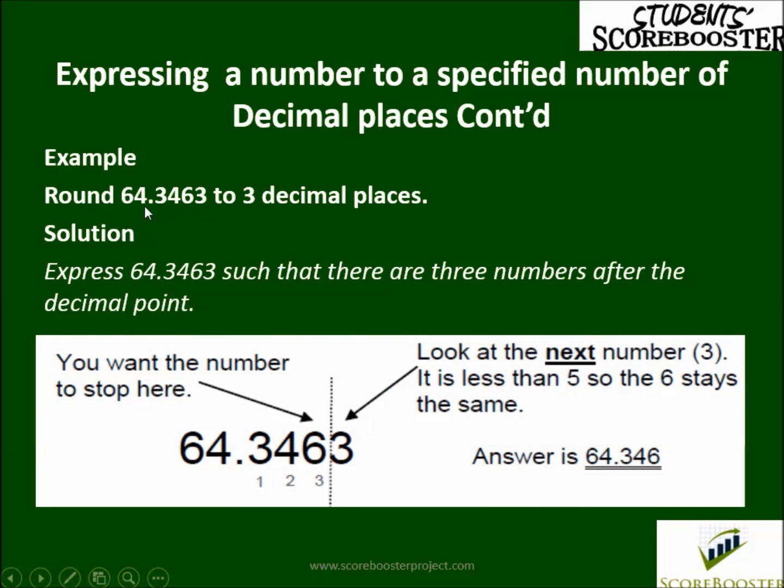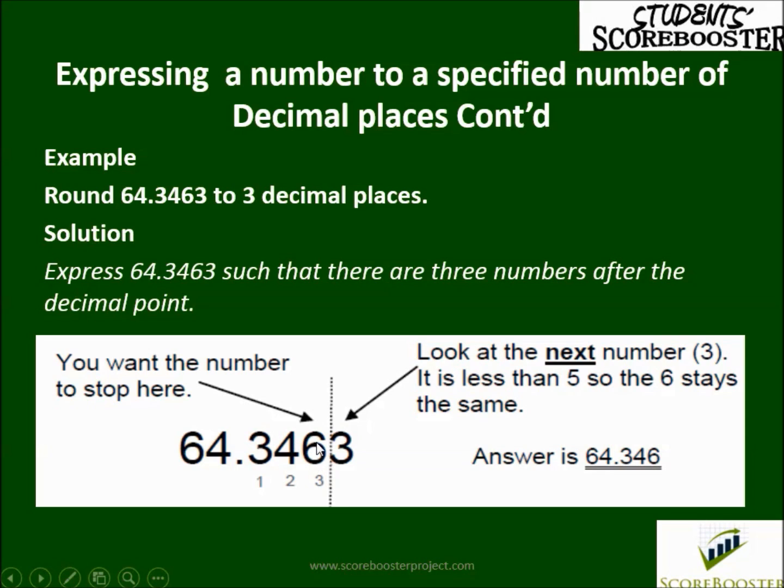Another example: round 64.3463 to 3 decimal places. The solution: to round to 3 decimal places, you leave 3 numbers after the decimal point. Starting from the decimal point, this is the first number after it, the second number, and the third number.